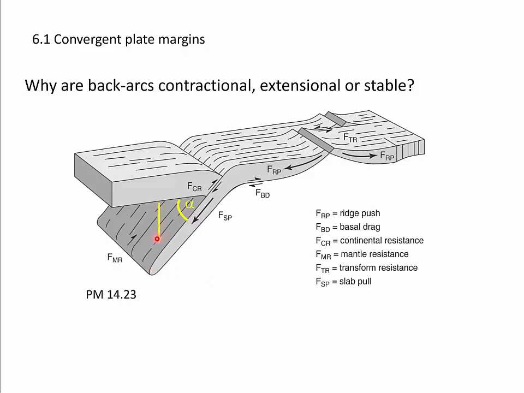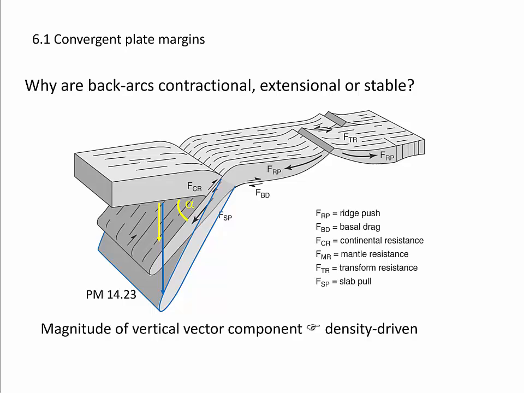and that of course depends on the magnitude of the vertical vector during rollback. If this vector has a larger magnitude, this indicates that we are subducting oceanic lithosphere with a higher density, because the higher the density, the steeper the subduction angle will be.